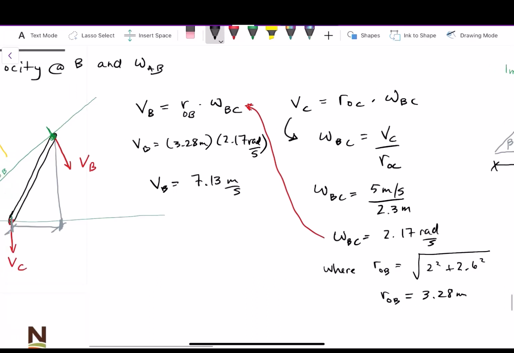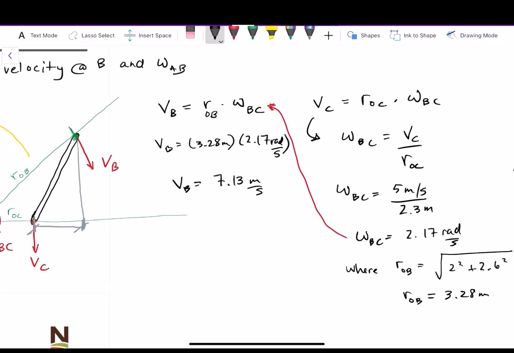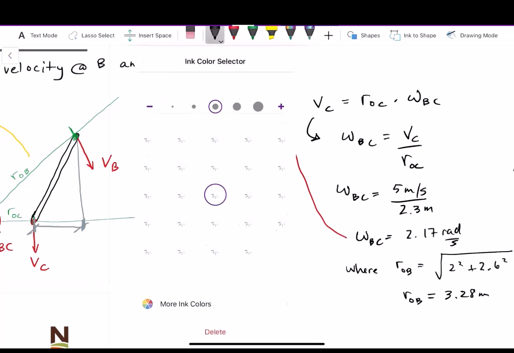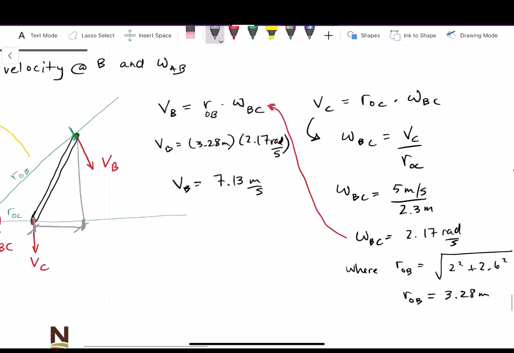Now the question is, at what angle? Normally I always say, let's try to find this relative to the horizontal. So if I'm going to draw out a horizontal line from VB, I'm talking about this angle right here.